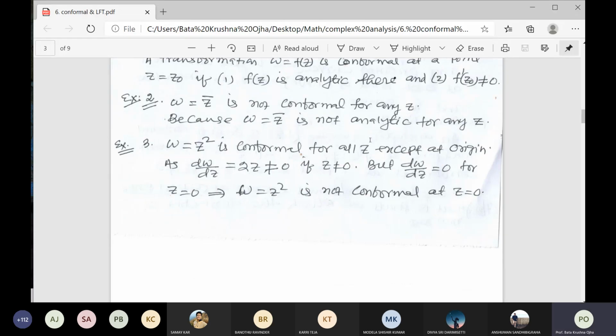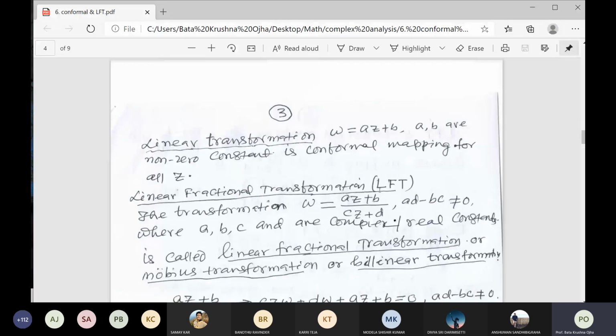So I have written here w is equal to z square is not conformal at the origin, z is equal to 0, because of the two conditions I told you: the second condition, f dash z0 is not equal to 0, fails. Therefore, not conformal.